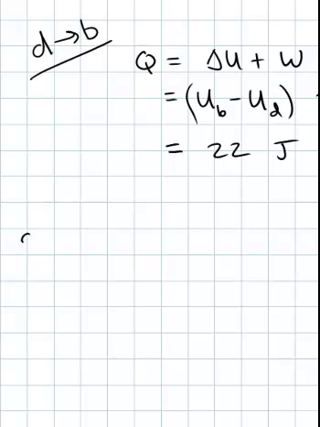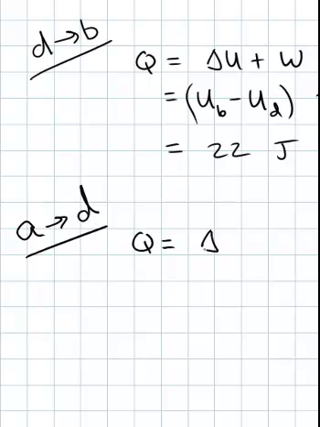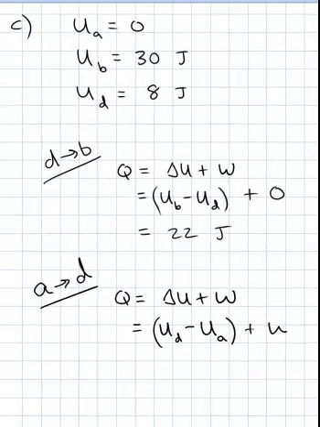And let's look at the path from A to D. Q is delta U plus W. And delta U in this case is the energy at D minus the internal energy at A. And that's going to be 8 minus 0.